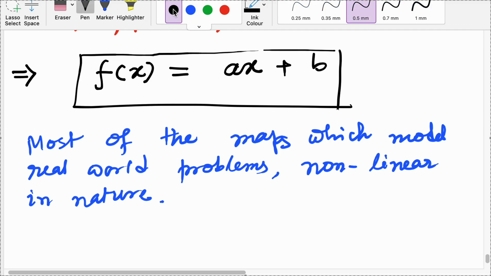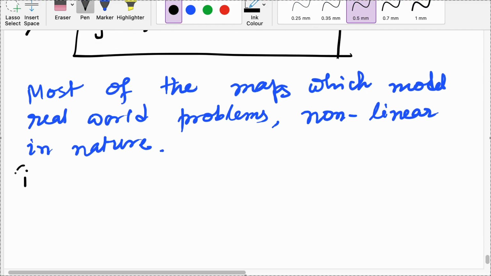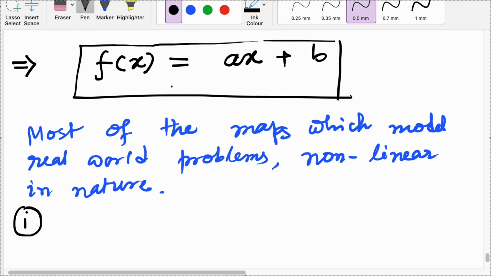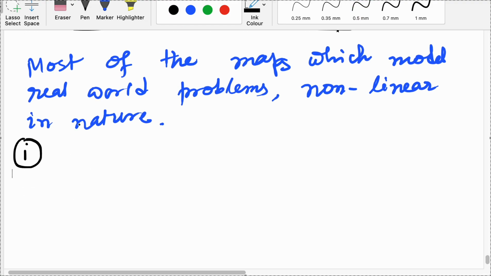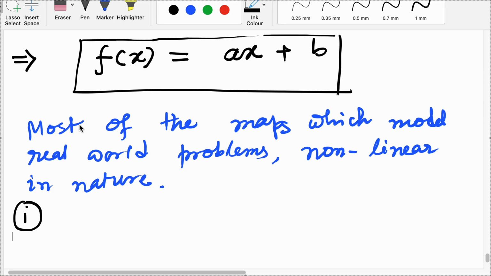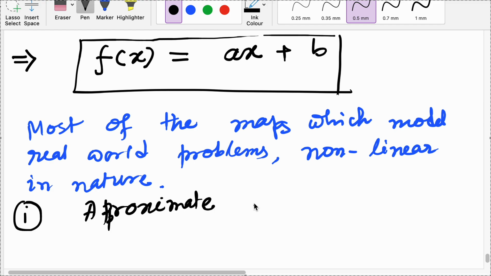Now in this class, I will try to use the fact that we have learned. The question is, can we approximate a non-linear map by a linear map?